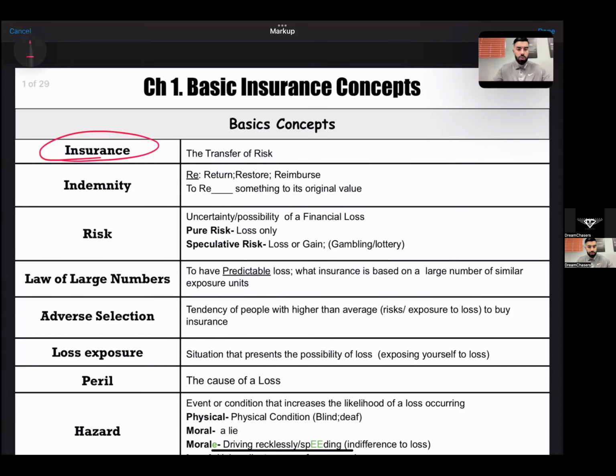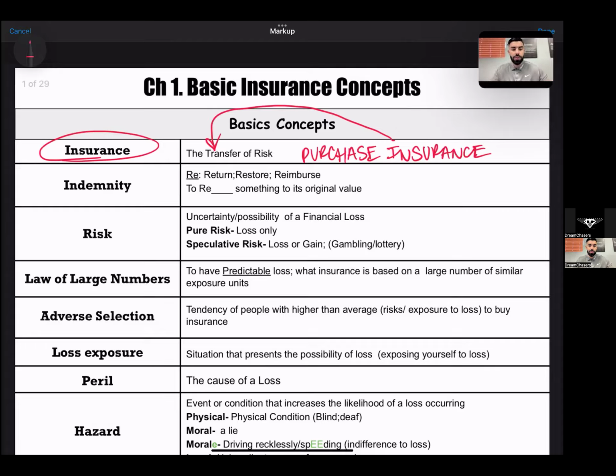So what is insurance? When you purchase insurance, what you are doing is transferring the risk from yourself to the insurance company. And that's with any type of insurance.